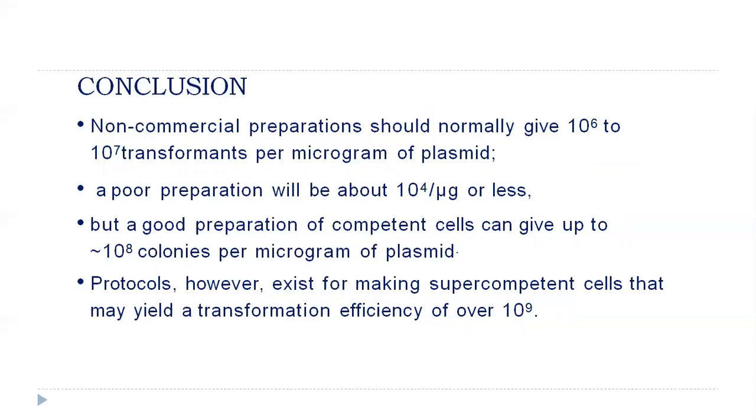But a good preparation can give up to approximately 10 to the power 8 colonies per microgram of plasmid. So this microgram is nothing but the concentration and volume, you can say, of plasmid DNA, the foreign DNA you want to insert.